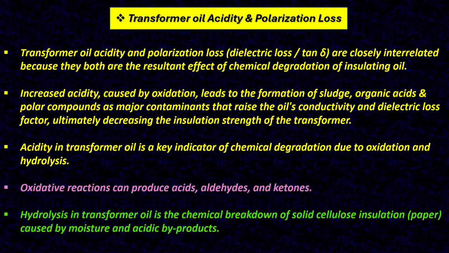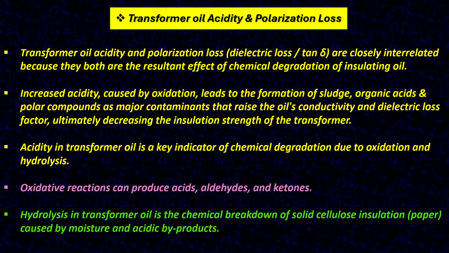Let's start with transformer oil acidity and polarization loss. Transformer oil acidity and polarization loss, that is dielectric loss or tan delta, are closely interrelated because they both are the resultant effect of chemical degradation of insulating oil.